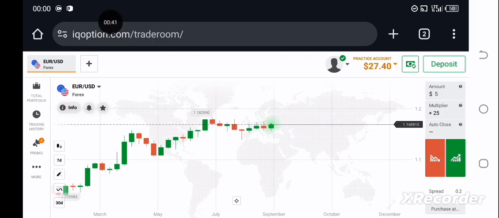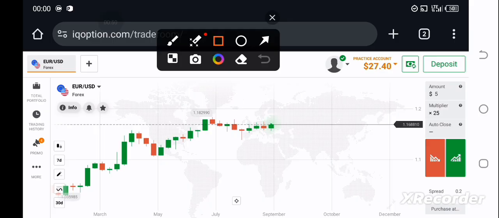And then you can put a particular amount. Let's say you have a trade balance of $1,000 here. You can select maybe to open a trade with $50.